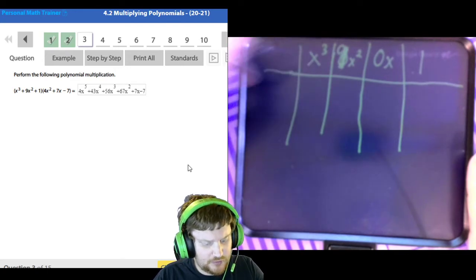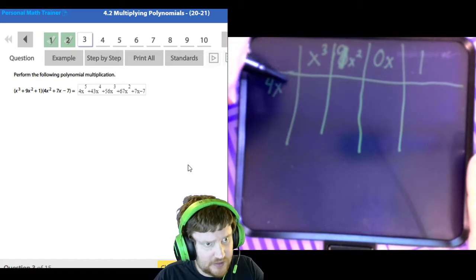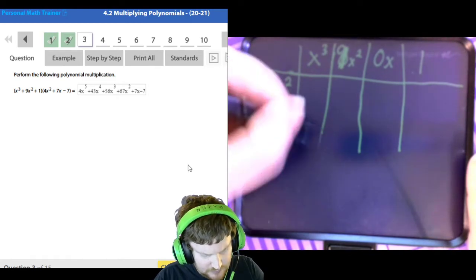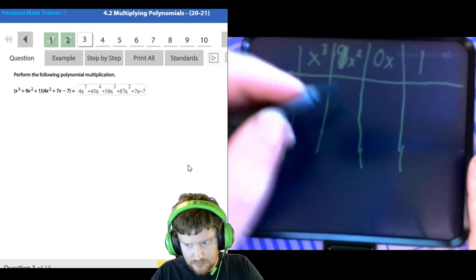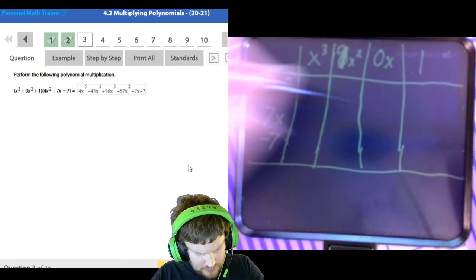I can leave the cubed out here, so 4x squared, 7x, negative 7. Alright.